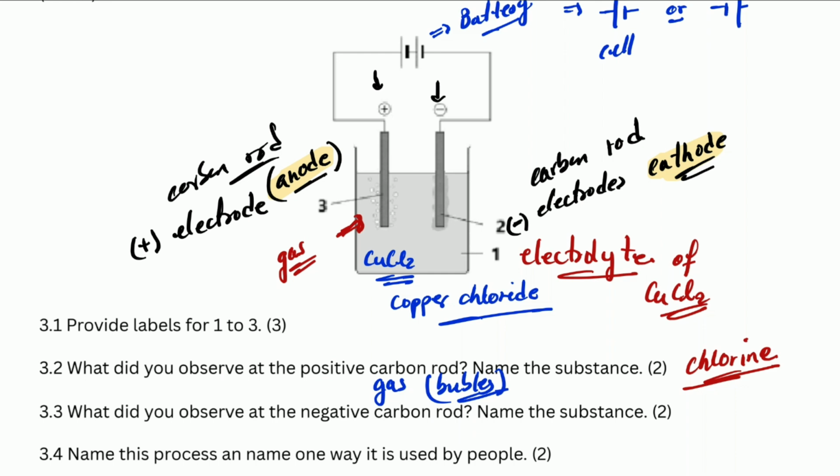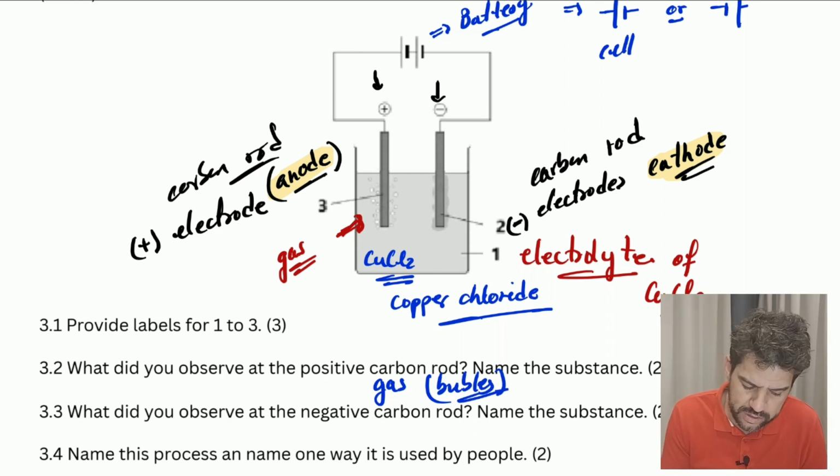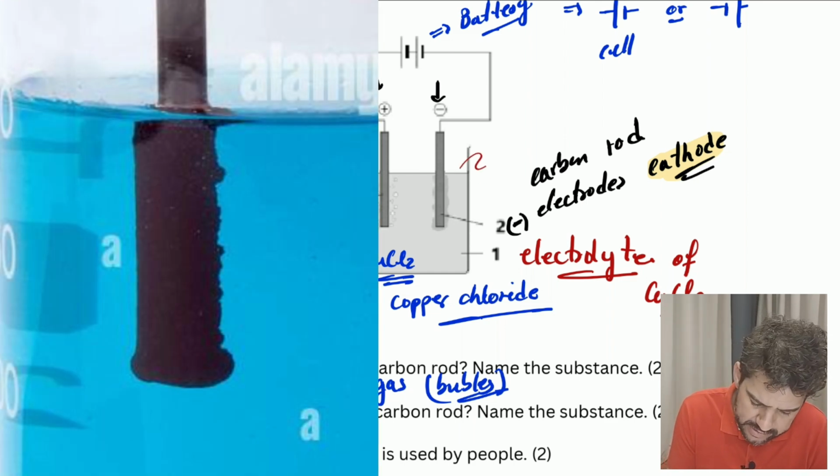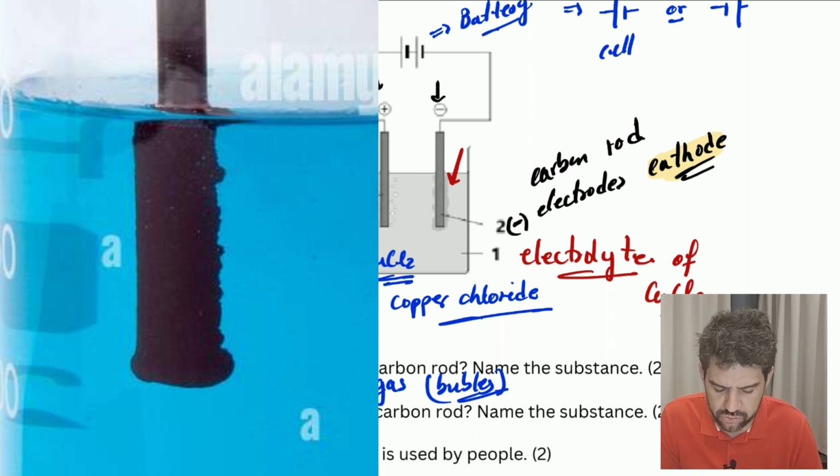What did you observe at the negative carbon rod? Name the substance. Now, if you look carefully at the picture, you will see here also a red layer. You can see it there next to the carbon rod, next to the electrode, a red layer. So you can see that it's changing in color.